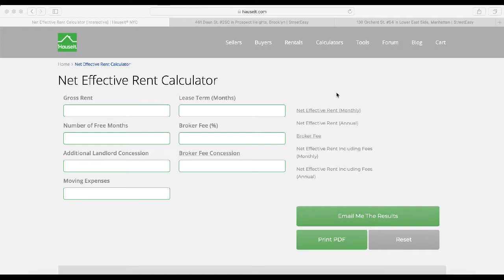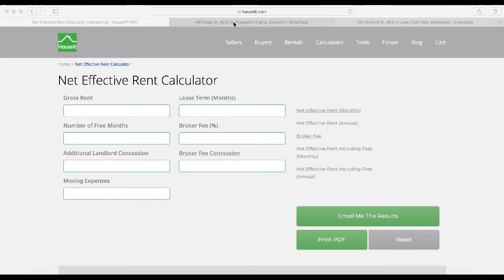So if you redo the monthly average of the rent that you'll pay over the term of the lease, it's going to be lower than the gross rent. But just to be clear, even if the net effective rent is lower than the gross rent, for the months where you're not receiving a landlord concession, you are going to be paying cash flow wise the full gross rent.